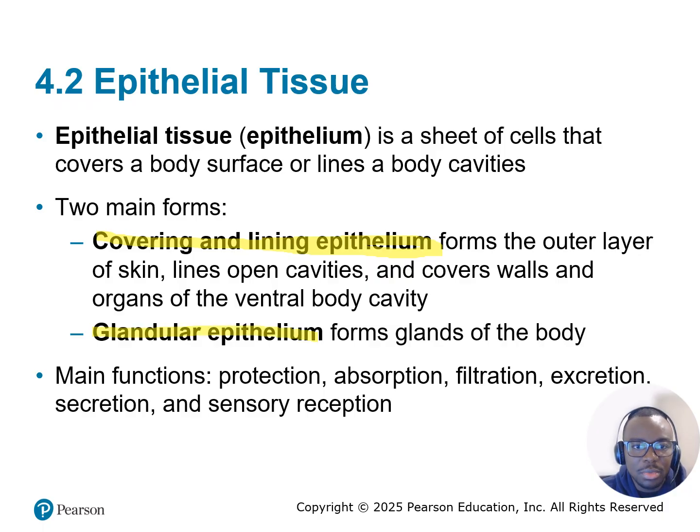Covering epithelium forms the outer layer of the skin, lines open cavities, and covers walls of organs of the ventral cavity. Glandular epithelium forms glands of the body. Epithelial tissue function in protection, absorption, filtration, excretion, secretion, and sensory perception.